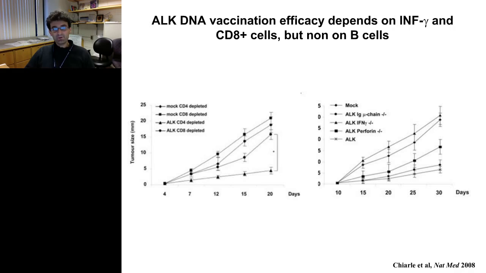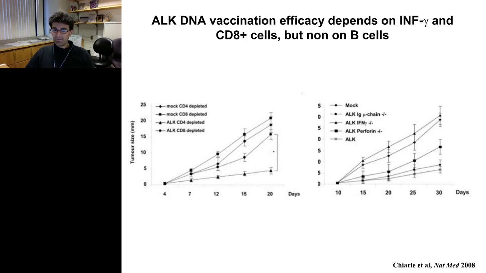And if you vaccinate mice and you deplete for either CD4 or CD8, you see that with CD8 depletion, the tumor grows as the control, whereas with CD4 depleted, which is here, the tumor grows much less. So it means that CD8 are really required for the anti-cancer activity by the immune system. Instead, CD4 are less important.